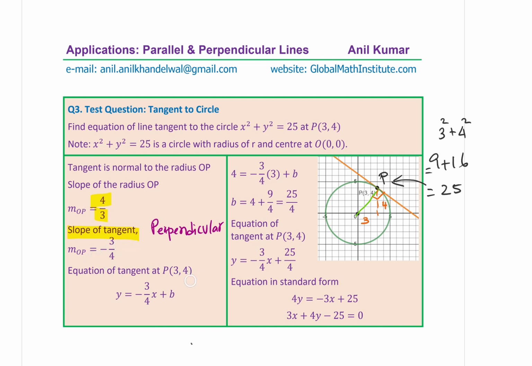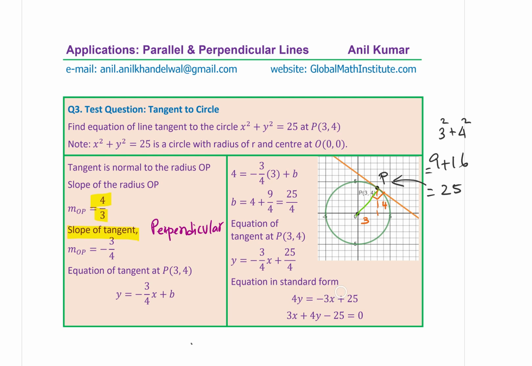And therefore the equation will be y equals minus 3 over 4 x plus b. To find the value of b, we're going to substitute the point (3, 4). So 3 for x and 4 for y. And then rearrange to find the value of b, which is 25 over 4. And therefore the equation will be y equals minus 3 over 4 x plus 25 over 4.